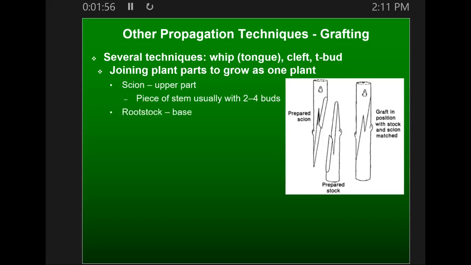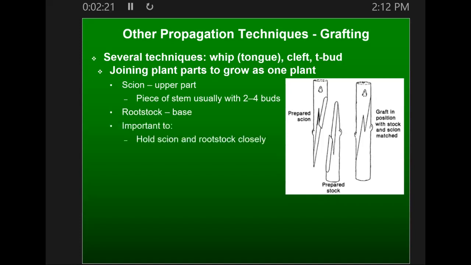So you take maybe a root system from another plant. You can have another variety of apple tree, for example, and put those two together. And if you get the fit well made by your cuts, you have to do pretty good, precise cuts, then you can slip them together like that.